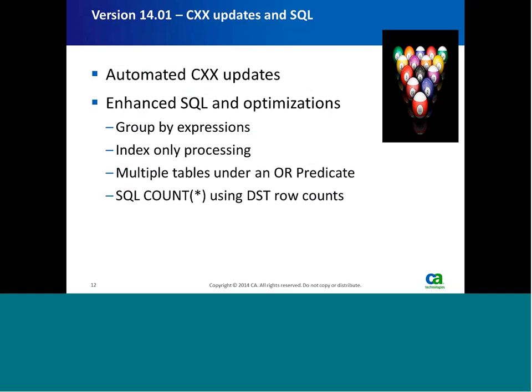Another set of features in 1401 that is very important is a set of 4 different fixes that we delivered to automate CXX updates. Clients are still today utilizing the information in the CXX report, things like row counts, blocks in use, to make decisions, even though they know that the CXX report may be out of date because the most current information is actually in the multi-user or the dynamic system tables.